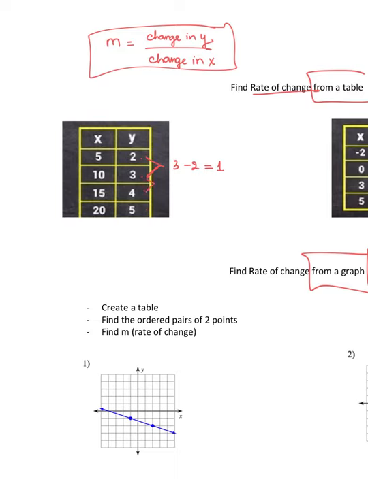So 1 is the change in y. For the change in x, 5, 10, 15, 20, it is 5 units different. That's the change in x. So the change in y is 1 and the change in x is 5, so 1/5 will be your rate of change.